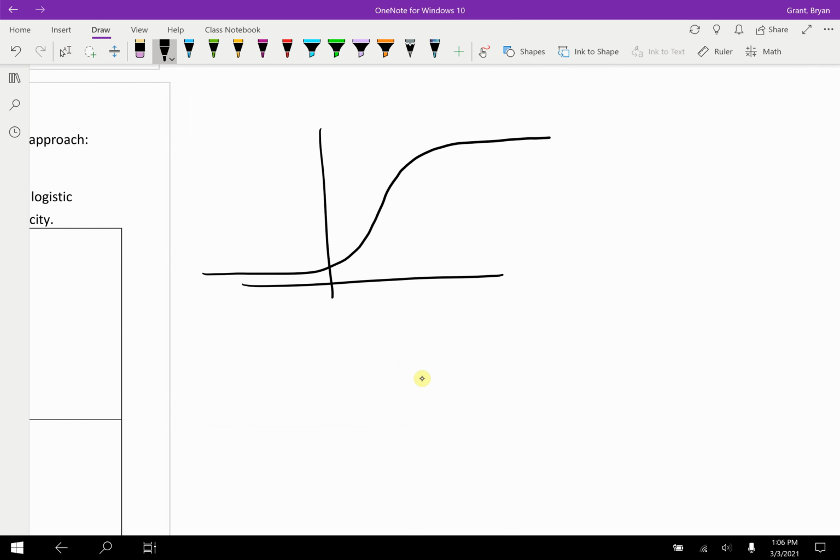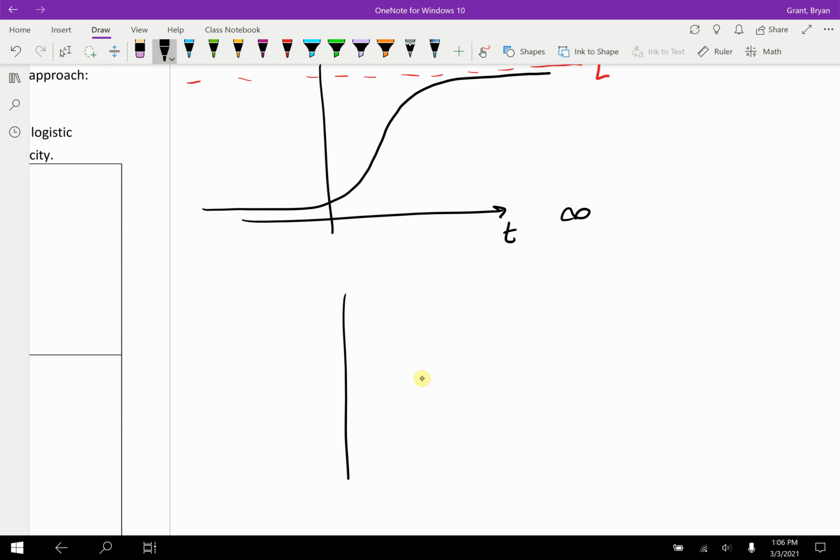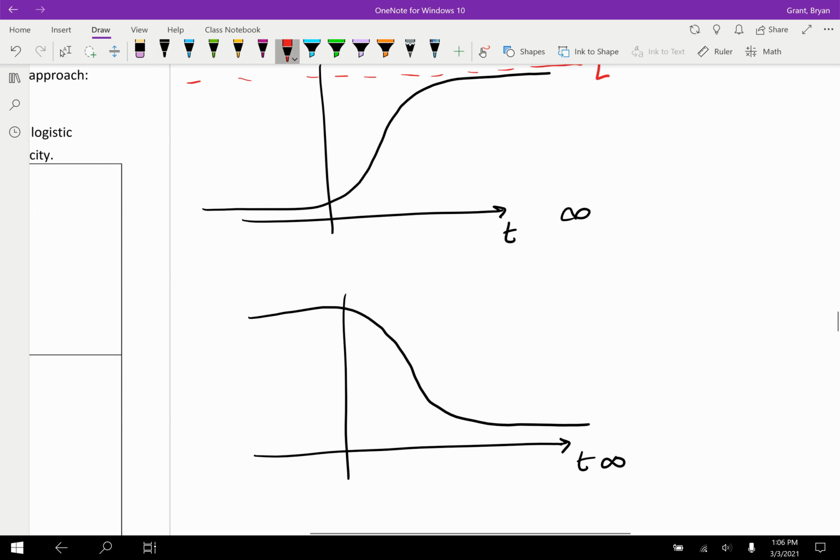looks like this, and so as we move along the t-axis out to infinity, what are the population values approaching? Oh yeah, they're approaching the carrying capacity. Or we might have an equation that shows logistic decay, and so as we move out to infinity, then we are approaching 0.